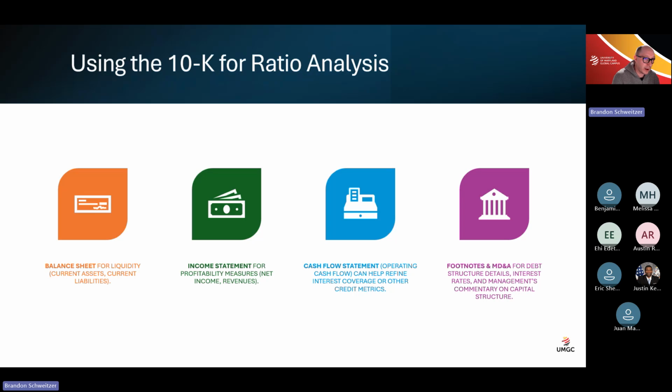When it comes to looking at the company's balance sheet, we're looking for liquidity, current assets, current liabilities, etc. On the income statement, we're looking for profitability measurements like net income and the revenue, profit margin, etc. When it comes to the statement of cash flows, we're looking at the operating cash flows and if the company has ability for interest coverage ratio and other credit metrics, and then any other detail information that would help us to better understand the overall structure of the company.